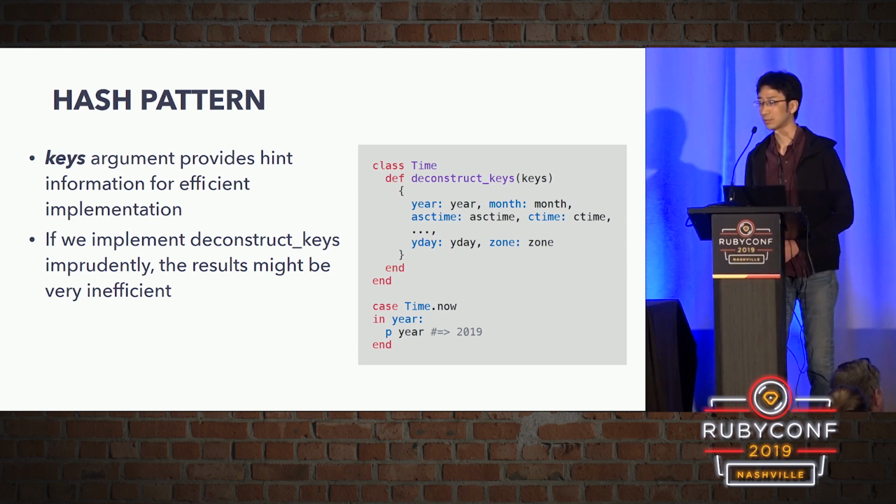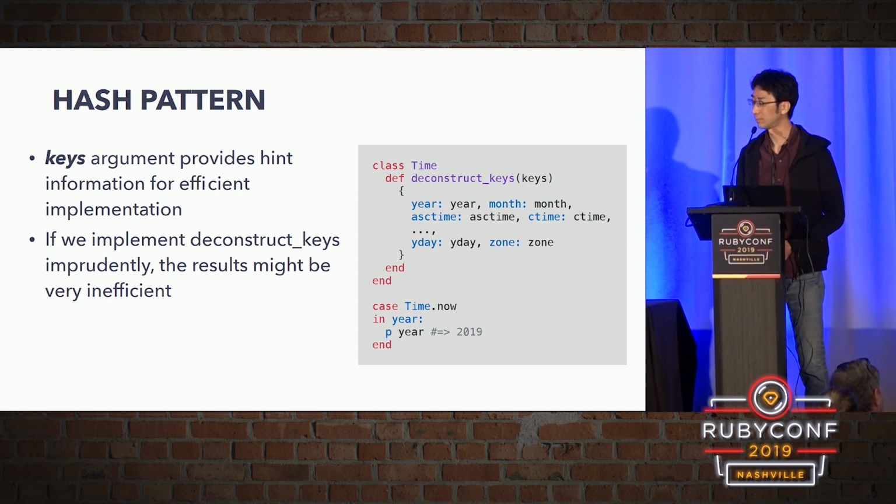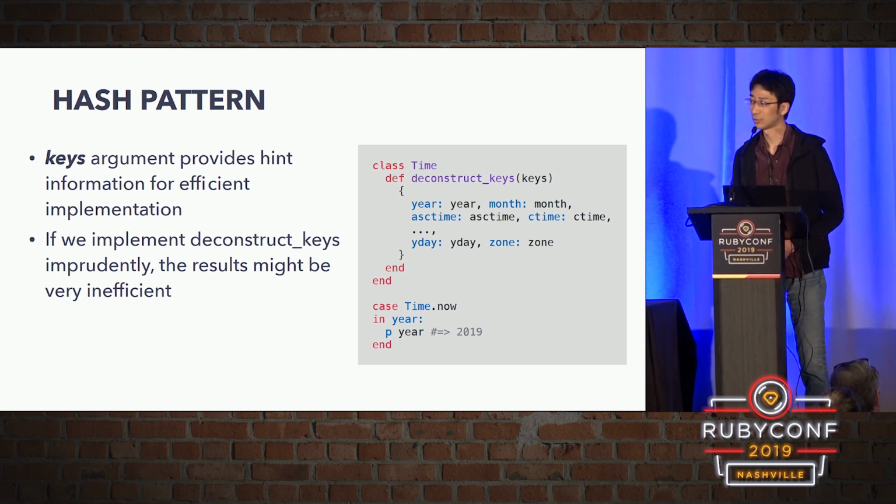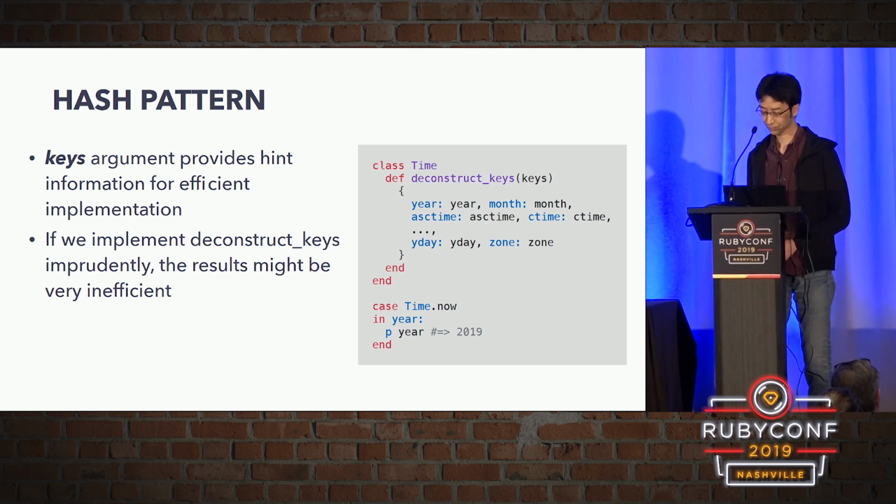But in contrast, there is a pattern, and this pattern specifies only year. So the pattern just needs year, but deconstruct_keys returns a 40-item hash. So it is very inefficient, I think.